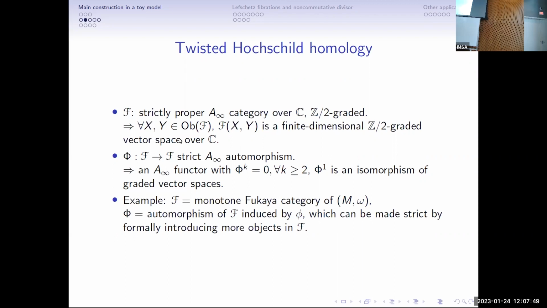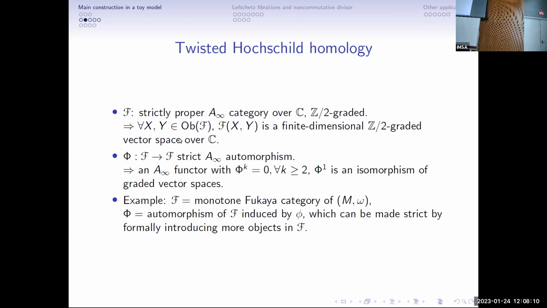So for example, to relate to the stories we just saw before, F here would actually be the monotone Fukaya category of our monotone symplectic manifold, where the objects are given by monotone Lagrangians. It is a strictly proper category because we always perturb our Lagrangians to make sure that they intersect transversely at finitely many points.